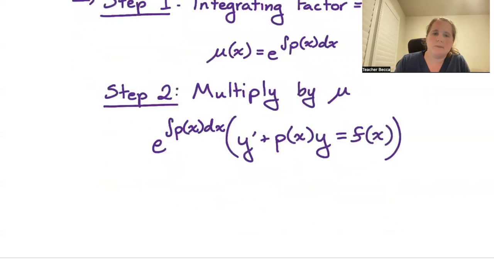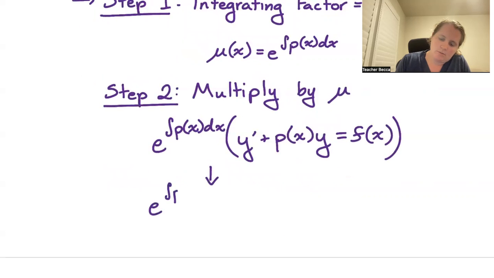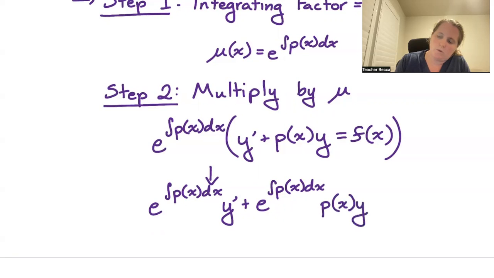This becomes e to the integral of p of x dx times y prime plus e to the integral of p of x dx times p of x times y is equal to e to the integral of p of x dx times f of x.